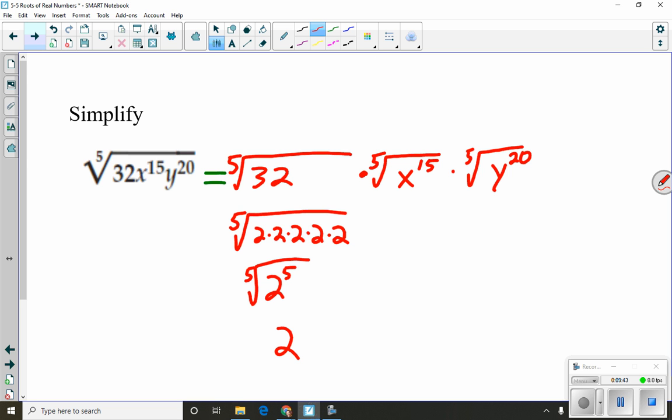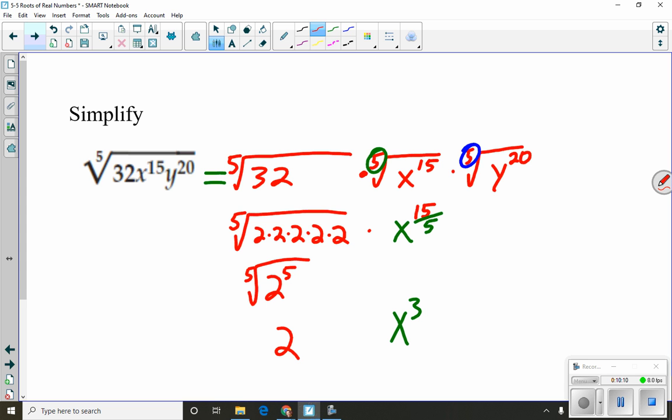That also works. Okay, so if I wanted to do that with this x to the 15, I could take this 5 and call this x to the 15 over 5. What is 15 divided by 5? That's just x to the third power. And likewise, I can take this 5 and divide it by that 20.